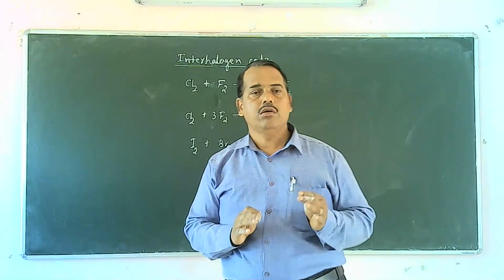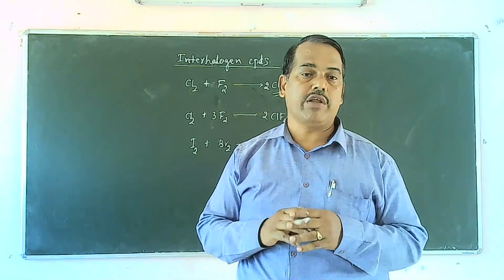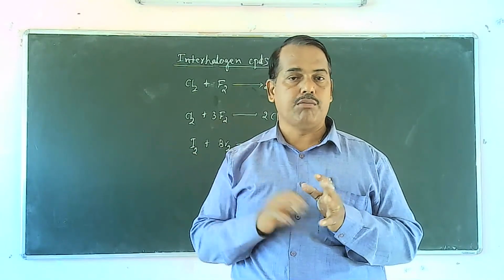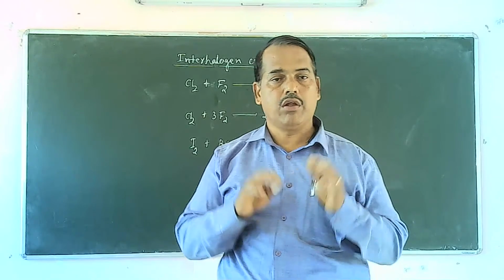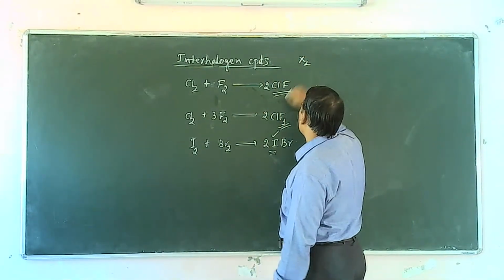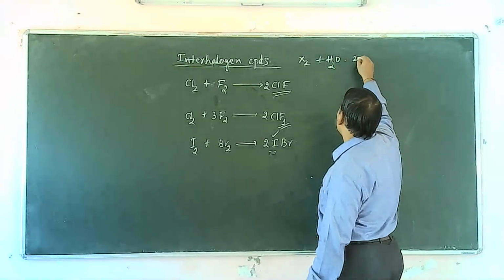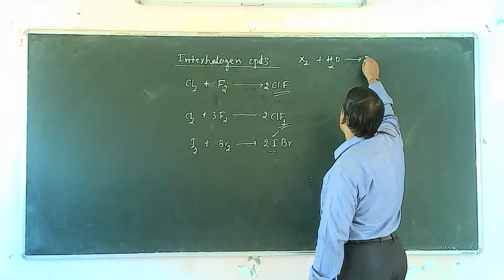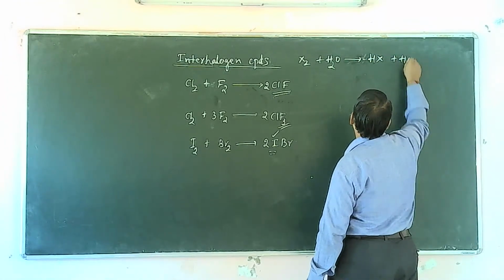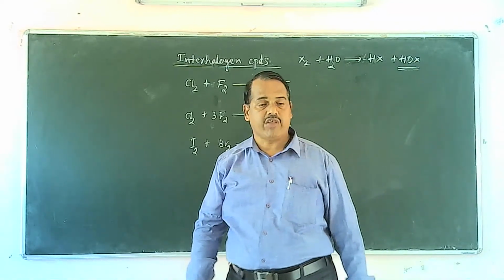Now, halogen reacts with water. They form different types of compounds. Are you clear? What are those? See, take for example X2, a general one, which reacts with water. So we will get HX and HOX, which is nothing but, for chlorine, hypochlorous acid.